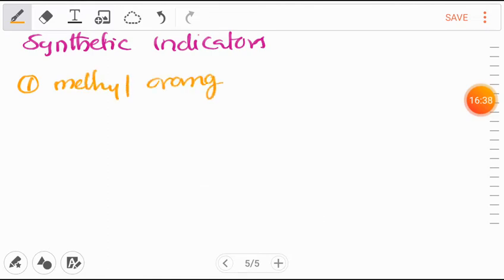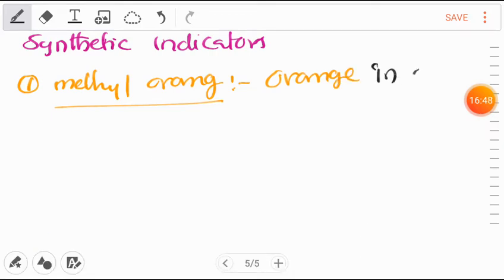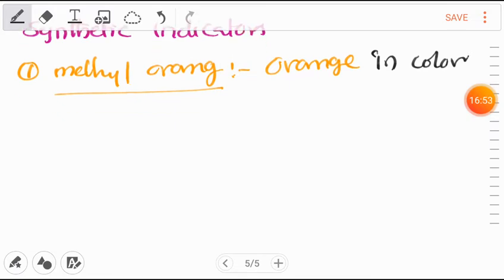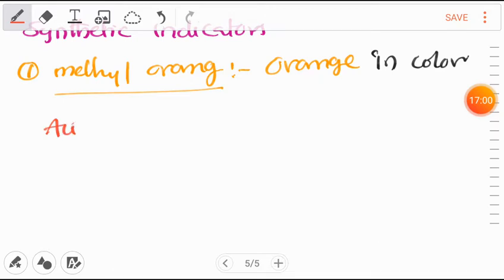Methyl orange is actually orange in color. This is also important. The color of the indicator, if they ask you, you are going to say orange. But in acidic medium, that means acid plus methyl orange, gives red color.